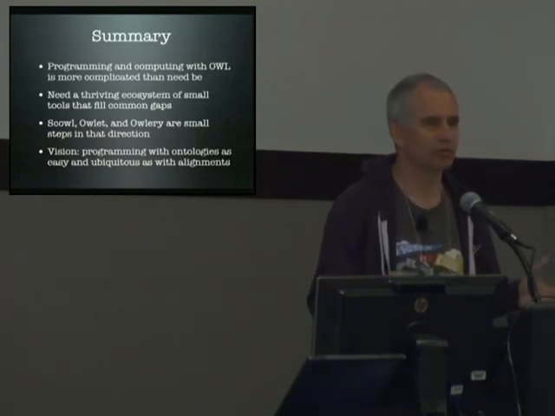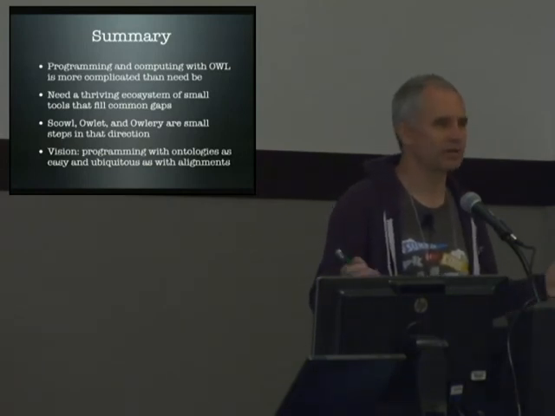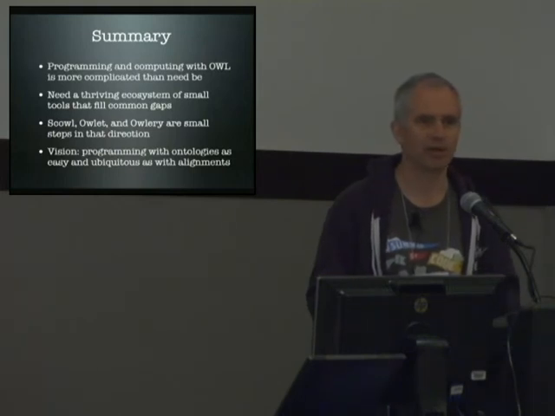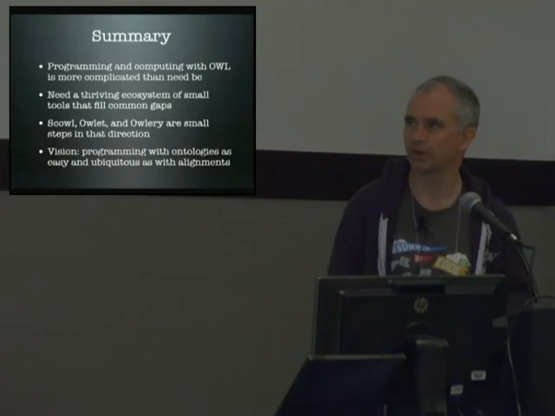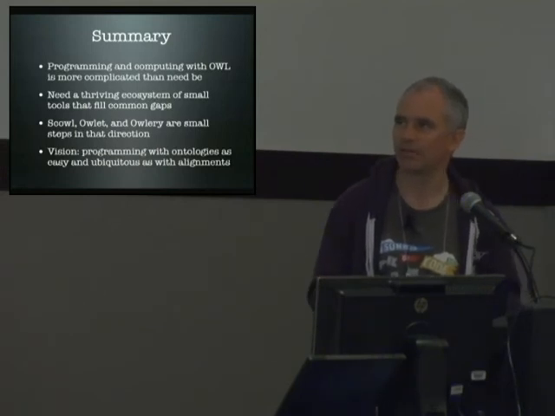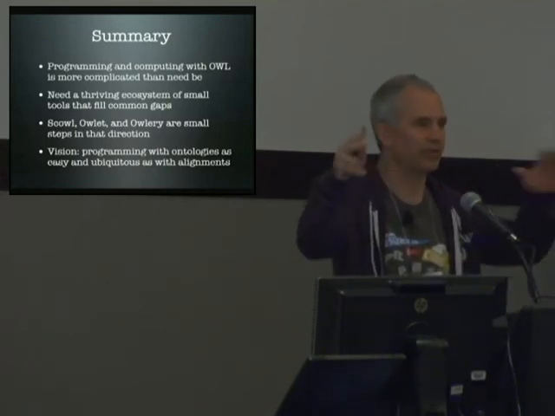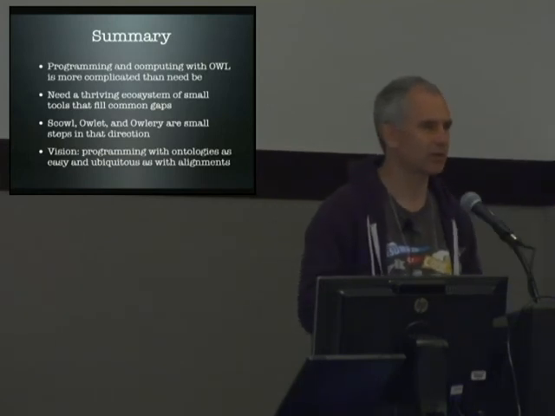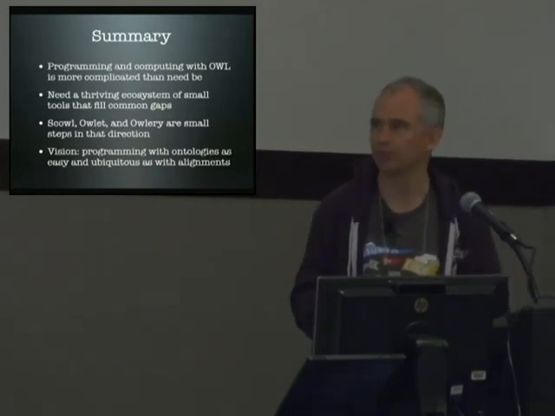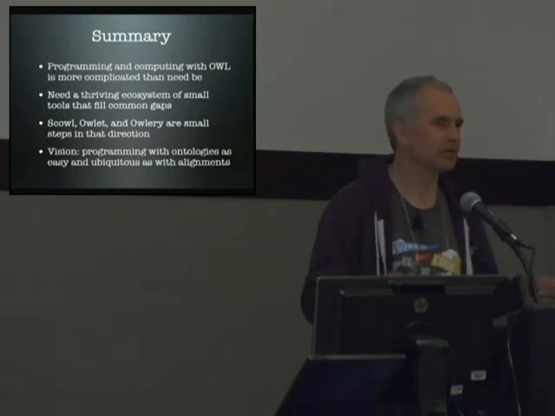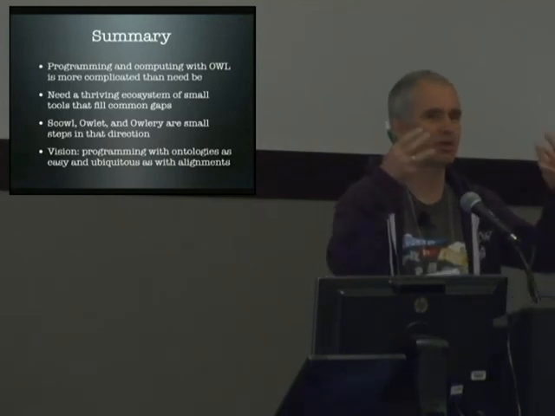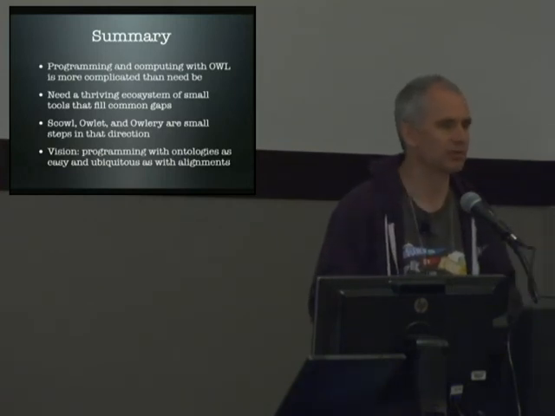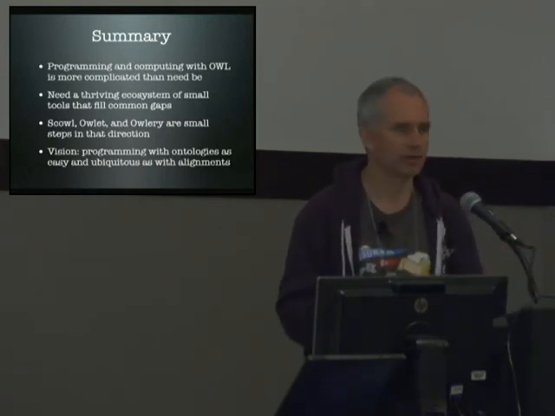You use tools, you use libraries, and so on. Eventually, that's about the same point I think we should get to with computing with ontologies and with OWL in particular. And so what's needed is a thriving ecosystem of small tools that fill these various gaps and holes that are needed to put things together better. The tools that I've spoken to you about fill only very few holes, but it's a small step in that direction, which is why I wanted to highlight them here. Thank you.